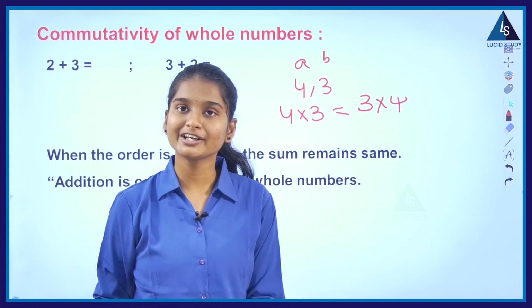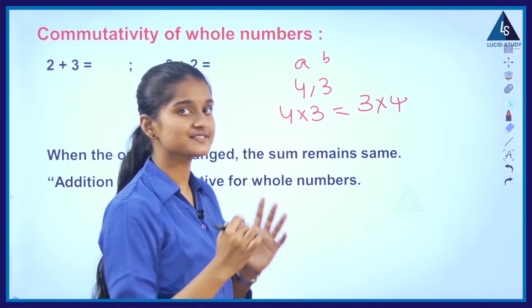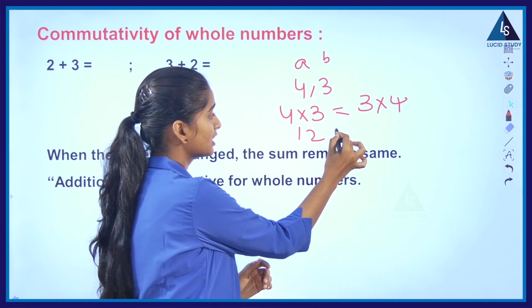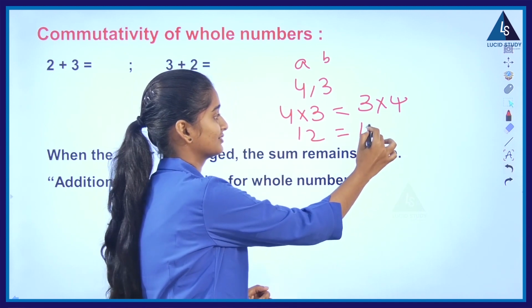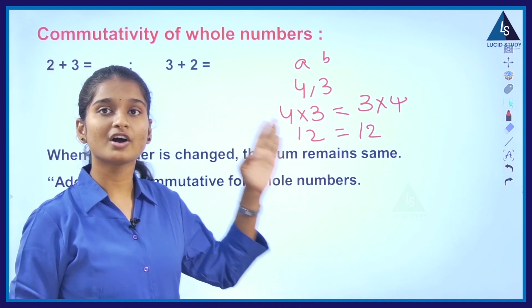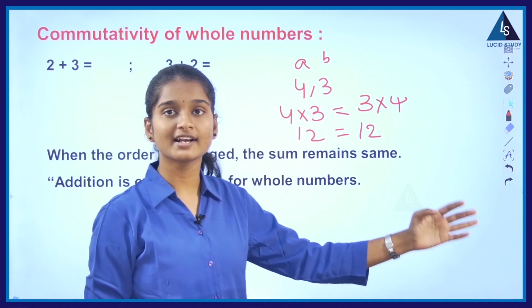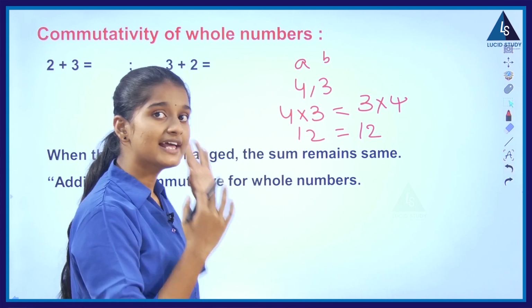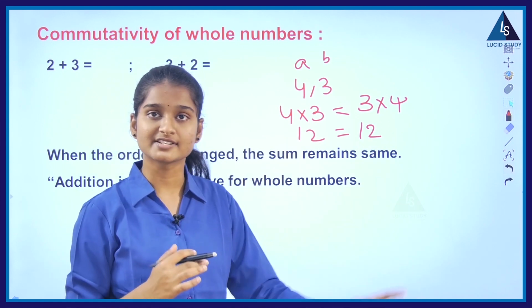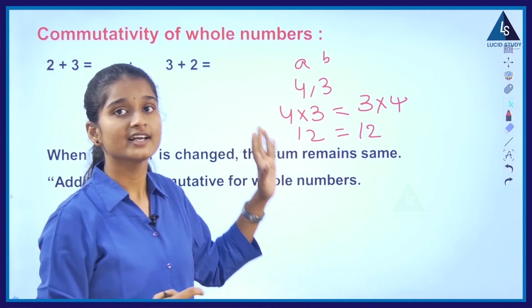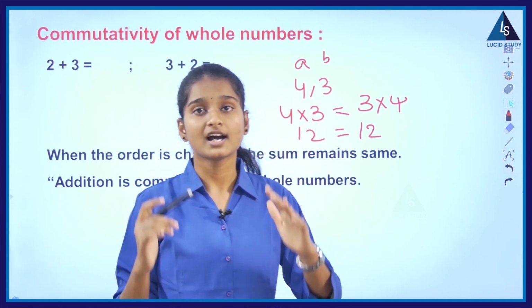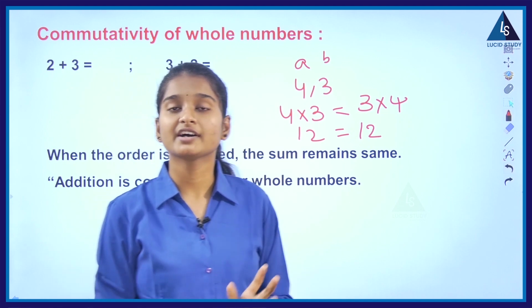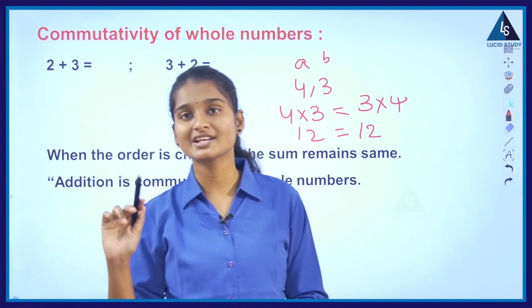What is 4 into 3? 4 into 3 is 12 and 3 into 4 is also 12. Children, this is called LHS and this is called RHS. So LHS is equal to RHS. So here we learn that whole numbers A, B follow commutativity under multiplication. So A into B is equal to B into A.